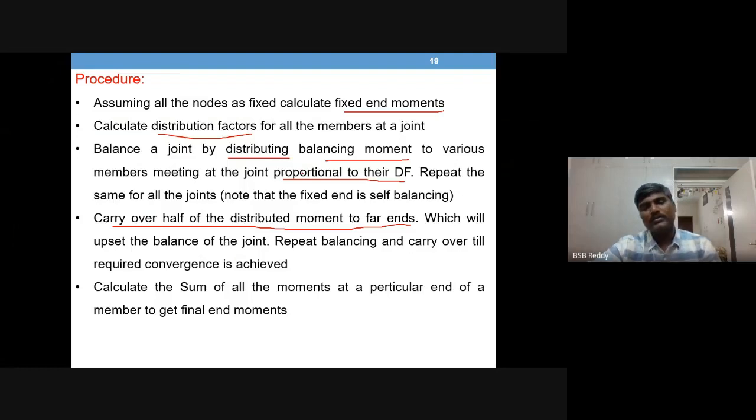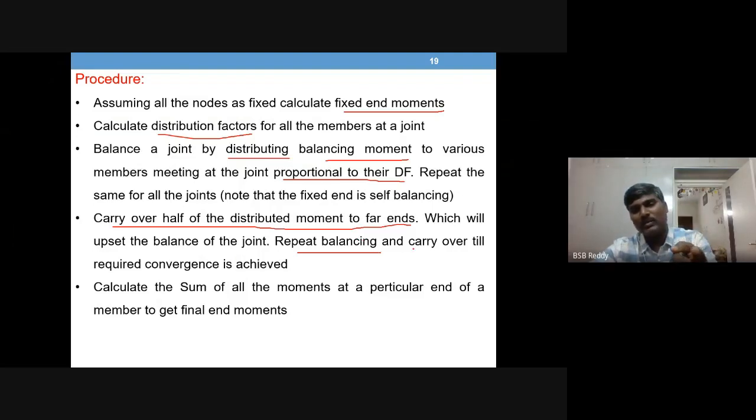Then the next is to carry that to the far ends. That will make the balanced joints become unbalanced again, so repeat the balancing again.